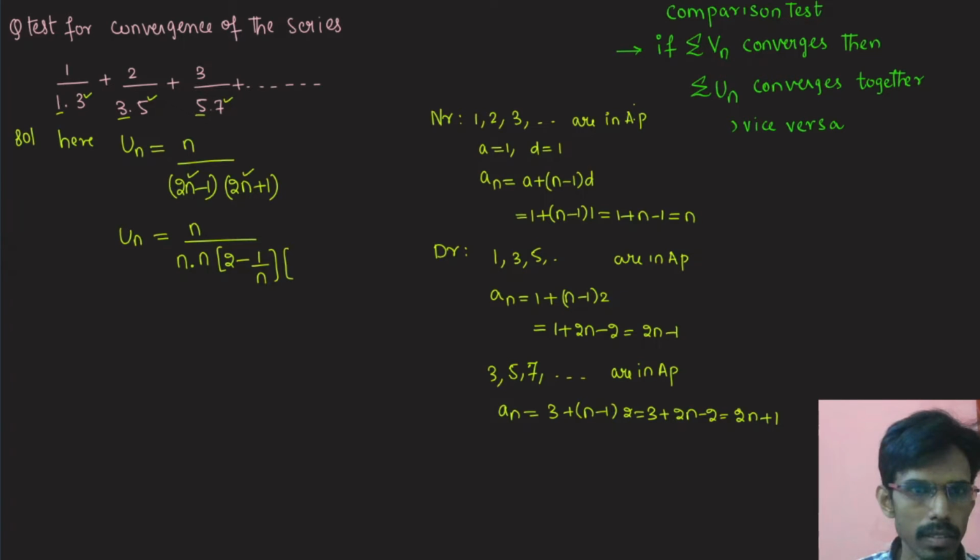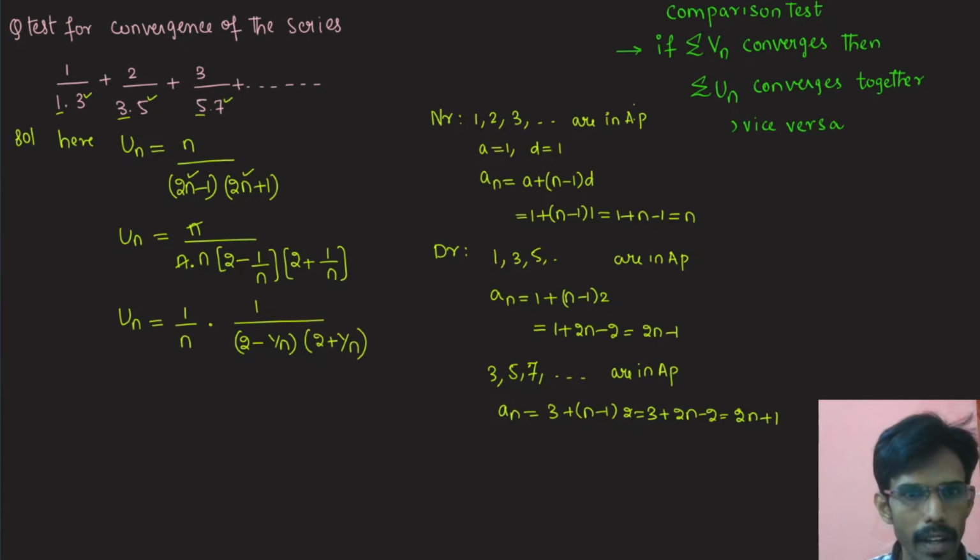Now in second bracket we have 2, n is common, plus we have 1 by n. Now this n will get cancelled, so we have un value as 1 by n into, take 1 by 2, minus 1 by n into 2 plus 1 by n.